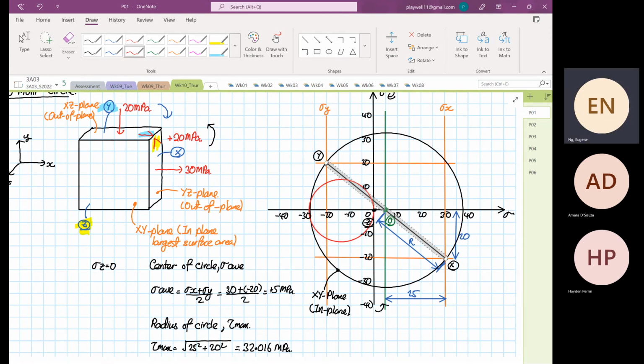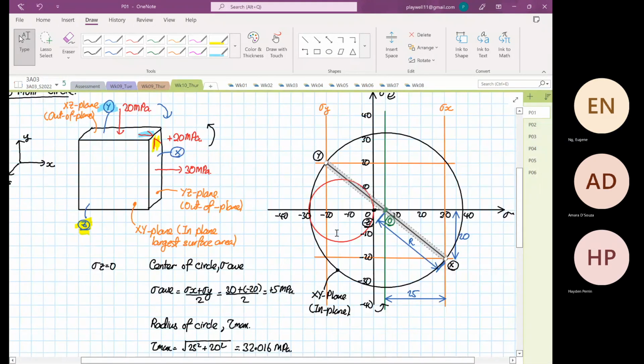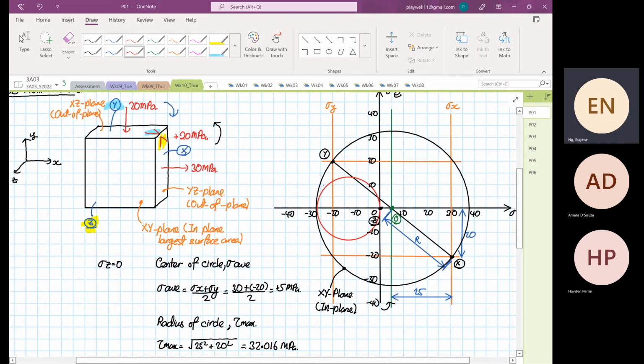Now this circle that I've just sketched belongs to the YZ plane, which is our out of plane. Why YZ and not XZ?